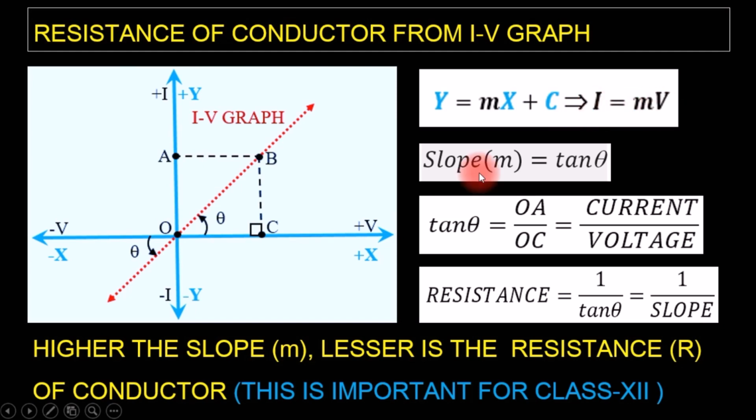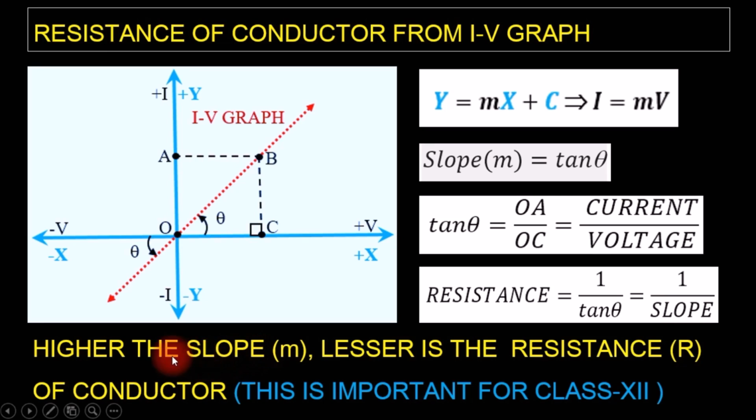M is the slope of the graph, and this slope is given by tan theta. And tan theta is given by OA upon OC, and OA is current along y-axis, OC is the voltage along x-axis, and the resistance is given by 1 upon tan theta, and this is nothing but 1 upon slope.